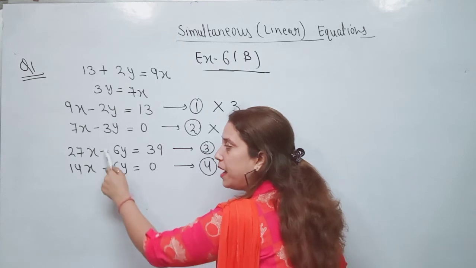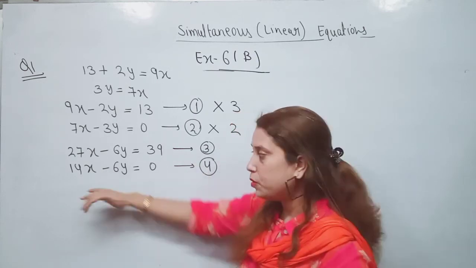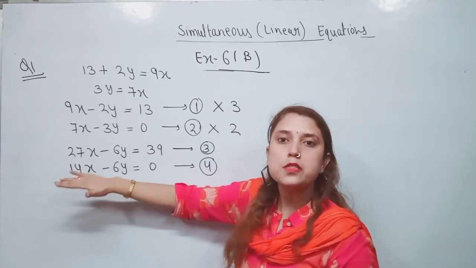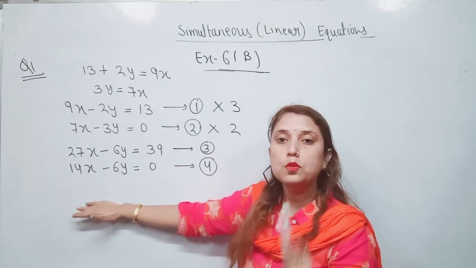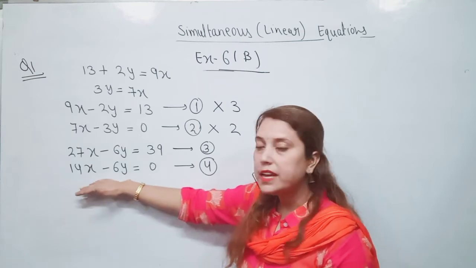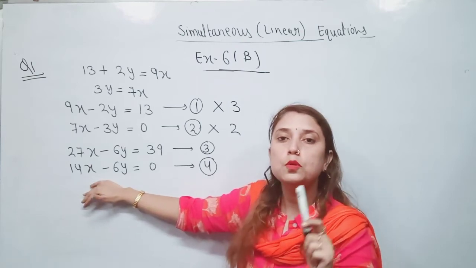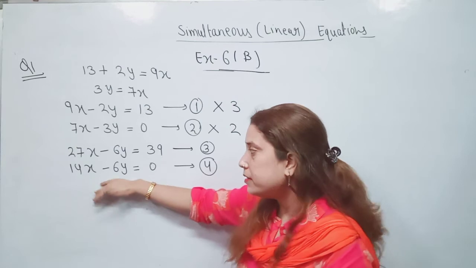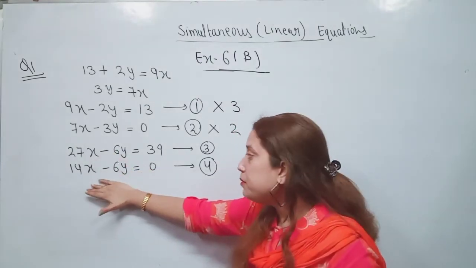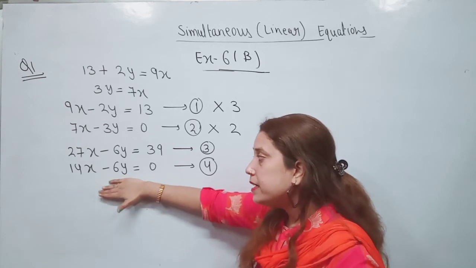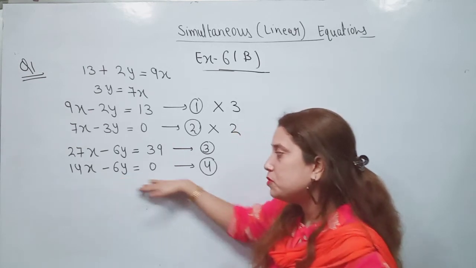The sign is minus minus in both equations, so we will do subtraction. Okay beta, when we do subtraction, the sign of the downward equation will be changed.